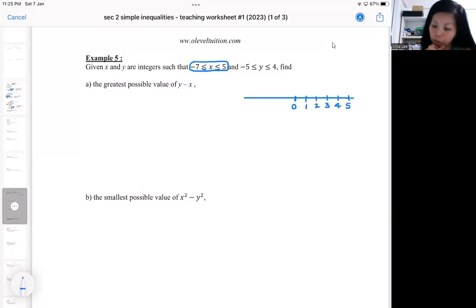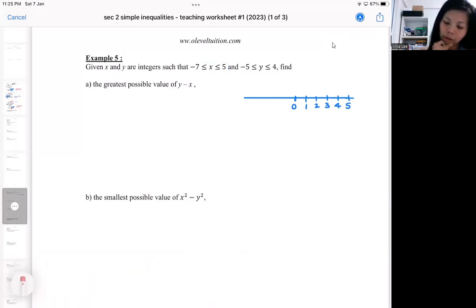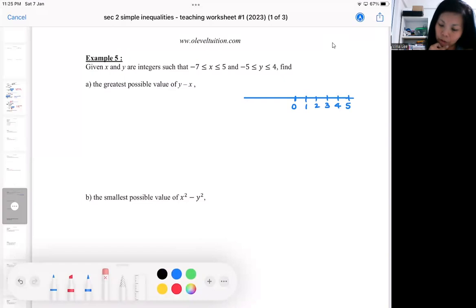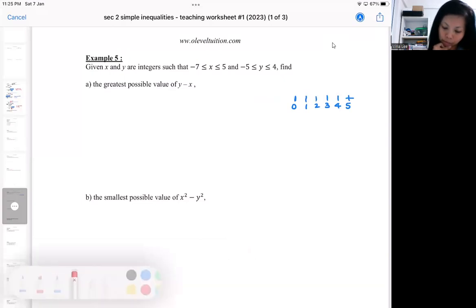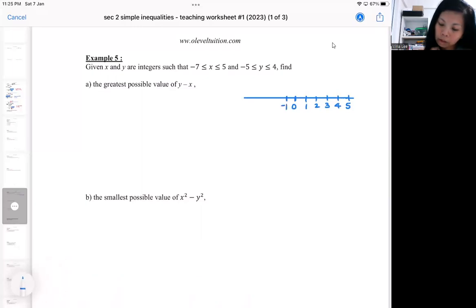Okay, 5 is included because there's an equal sign. Correct, there's an equal sign at 5, so 5 is actually included. So these are the valid numbers for x.